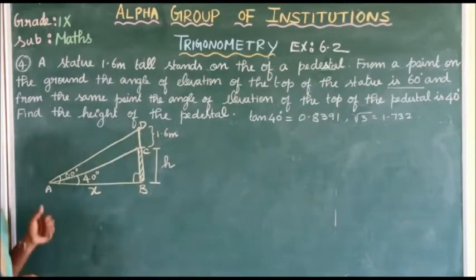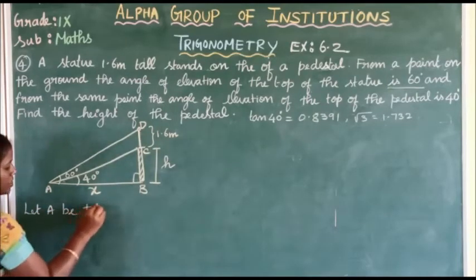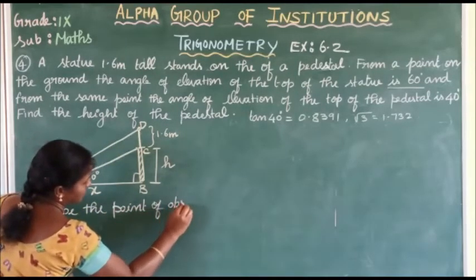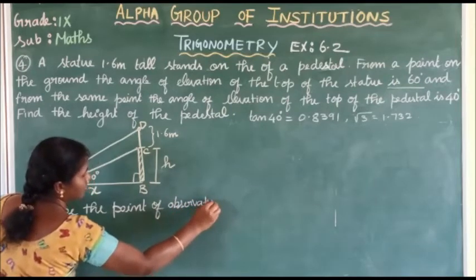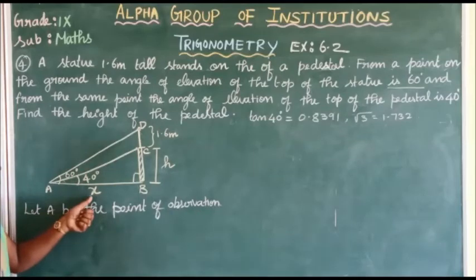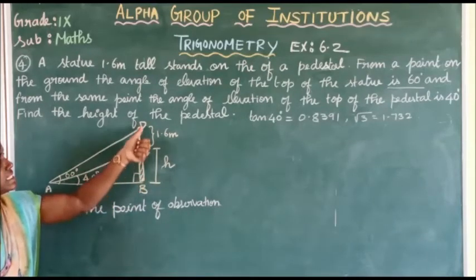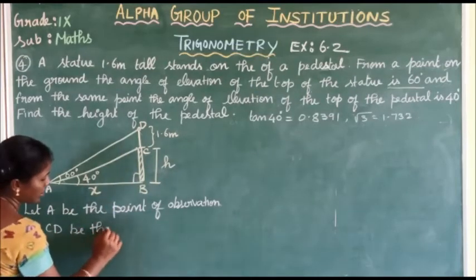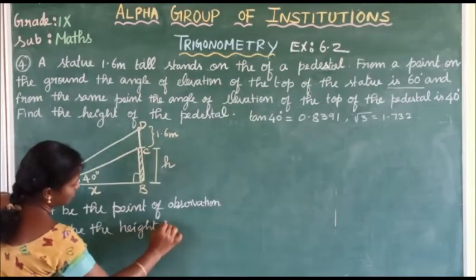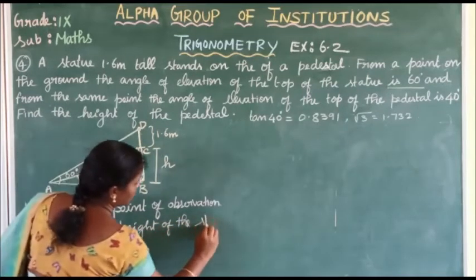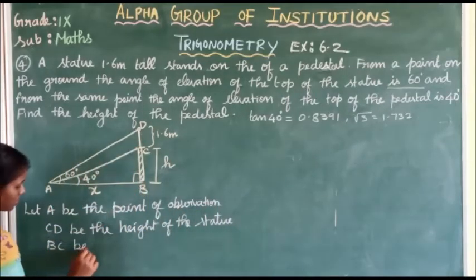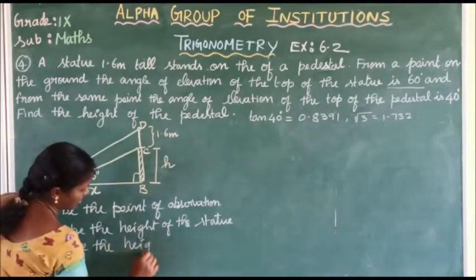So we have to describe the diagram now. Let A be the point of observation. Then CD is the height of the statue, and BC be the height of the pedestal.